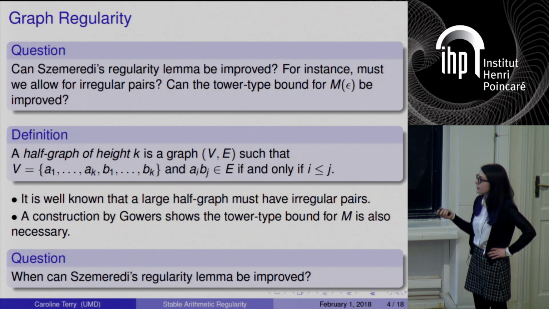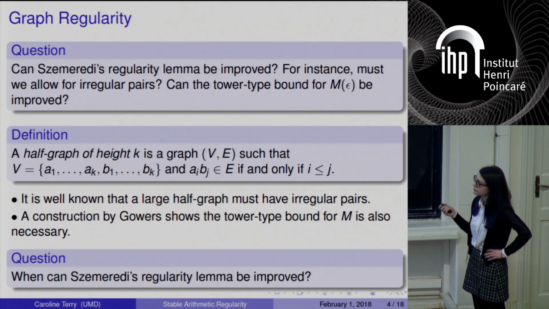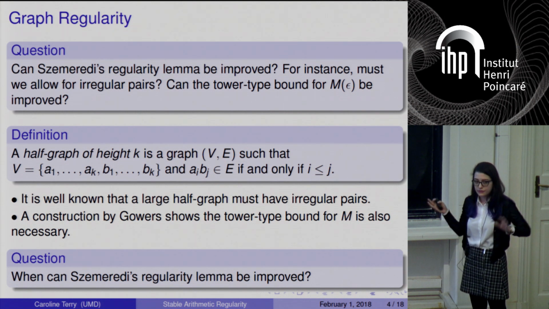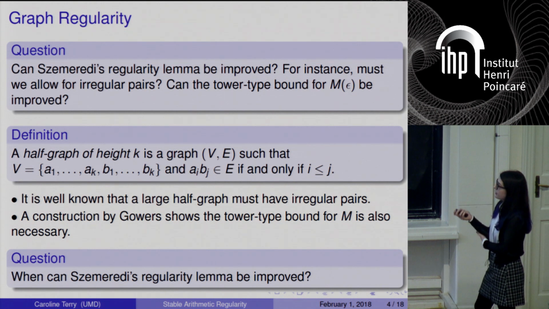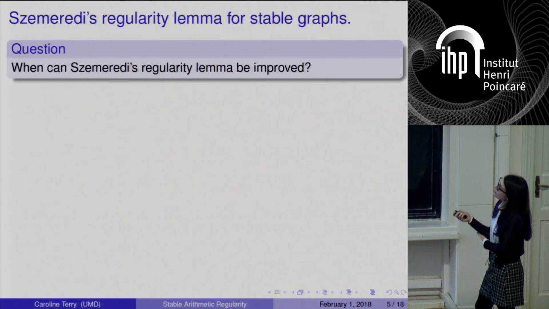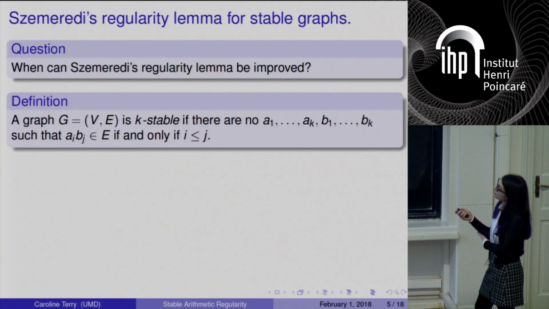If we think of the regularity lemma as measuring how much global structure a graph has, this is asking what kind of extra structure improves the regularity? That's why I think this is interesting. Right, so that's our question.